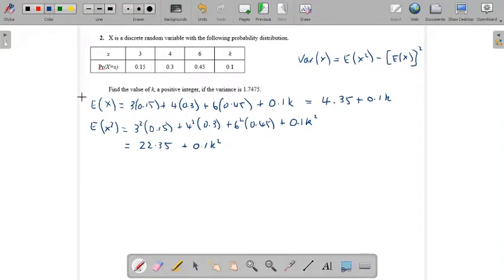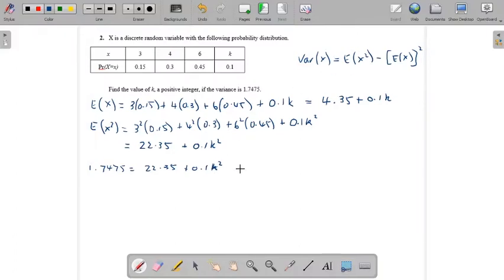Okay, so now that we've got values for E of X and E of X squared, we can use our variance formula, and we need to substitute variance of X with our values. So we've got 1.7475 is equal to, so E of X squared, it's going to be 22.35 plus 0.1k squared.